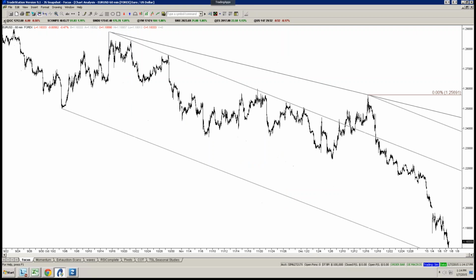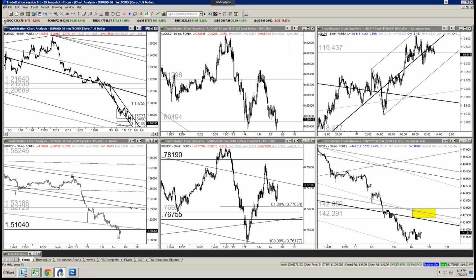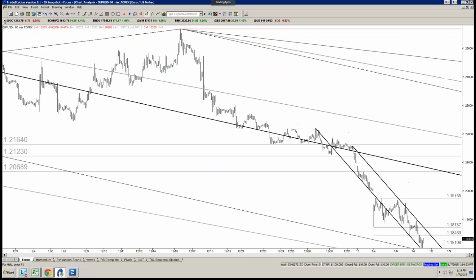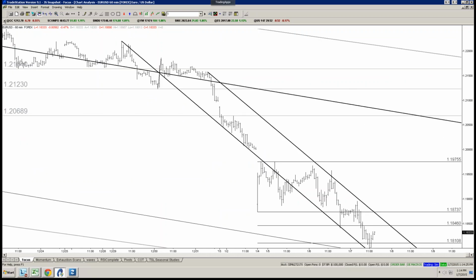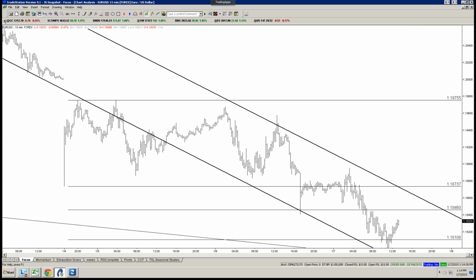The 117.60 area could be an interesting level. That's the lower parallel here today from this structure. This is the high from the October 15th high, and then the low from November 7th, and then the high from December 14th. And the median line there, you can see how much trade occurred around there.